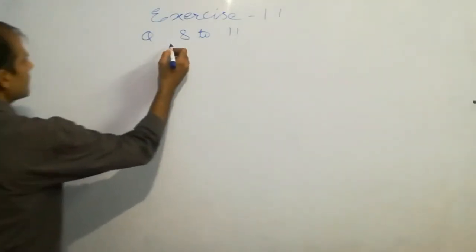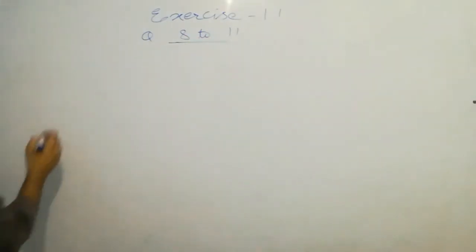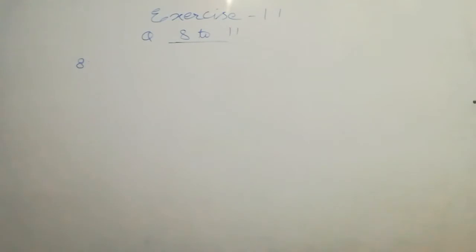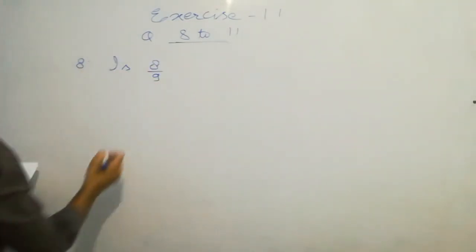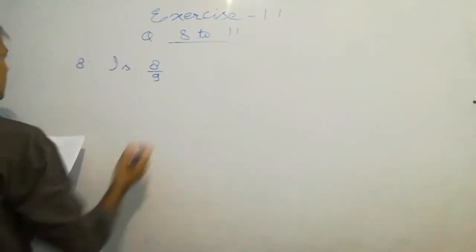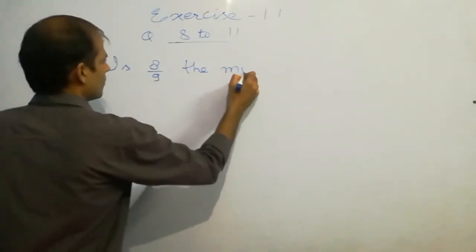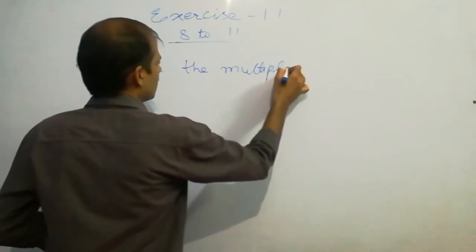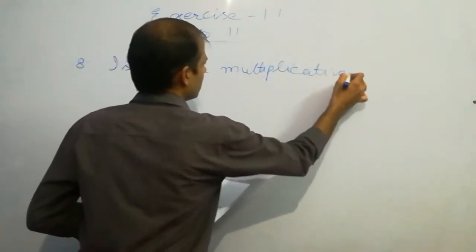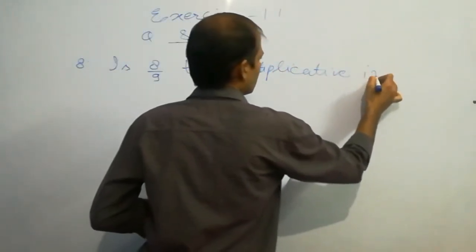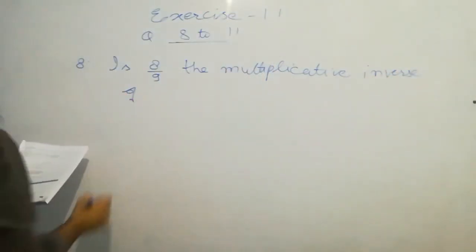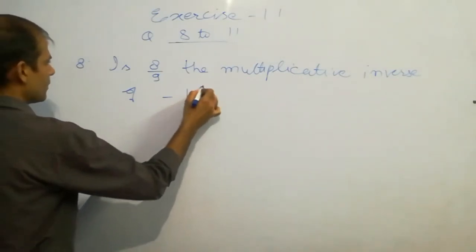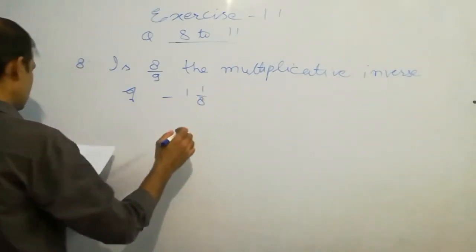First I am going to solve question number 8. This question is: is 8 upon 9 the multiplicative inverse of minus 1 and 1 upon 8?